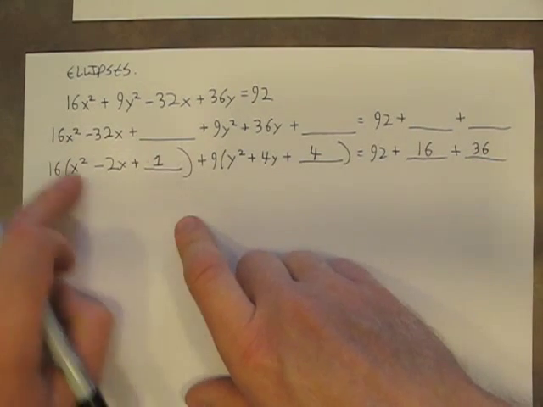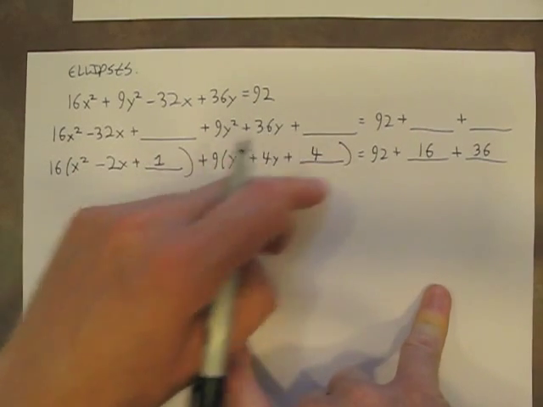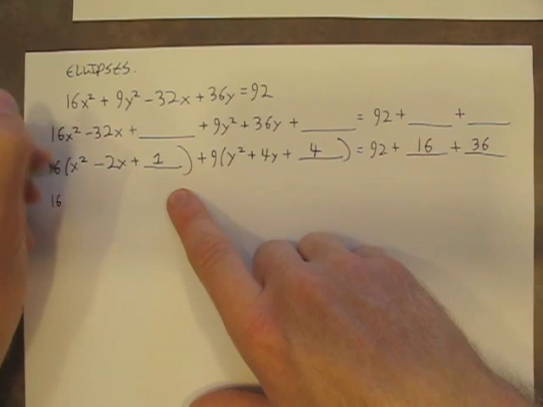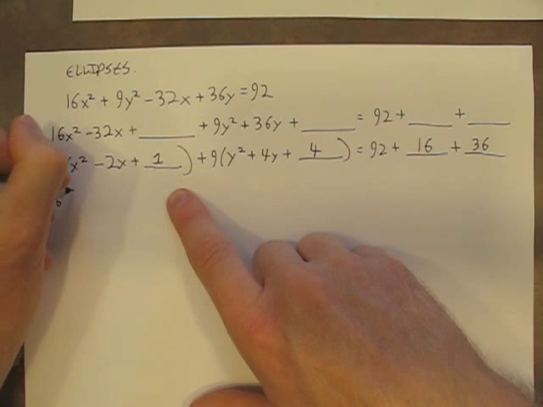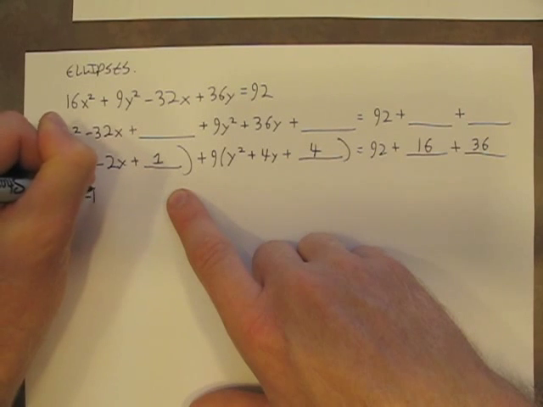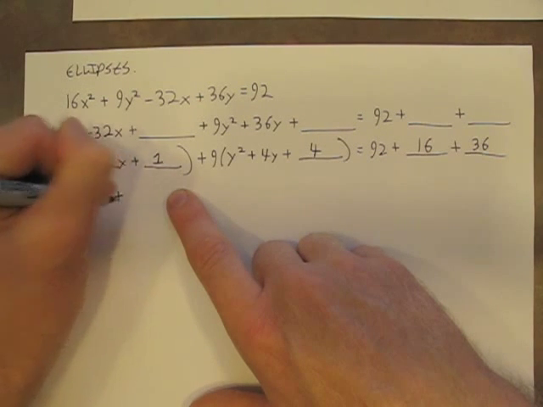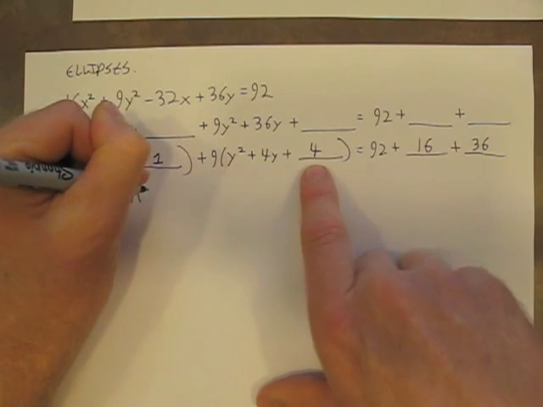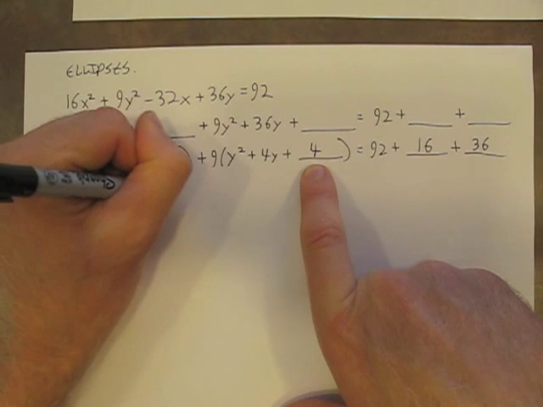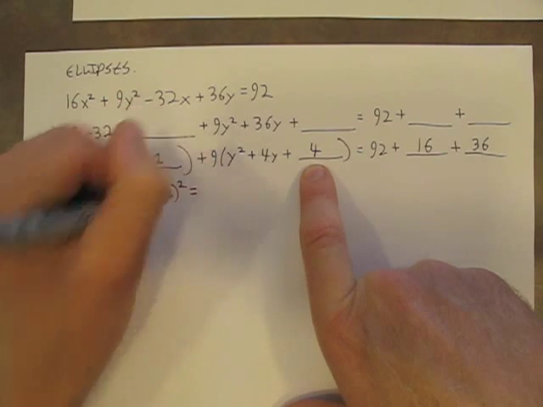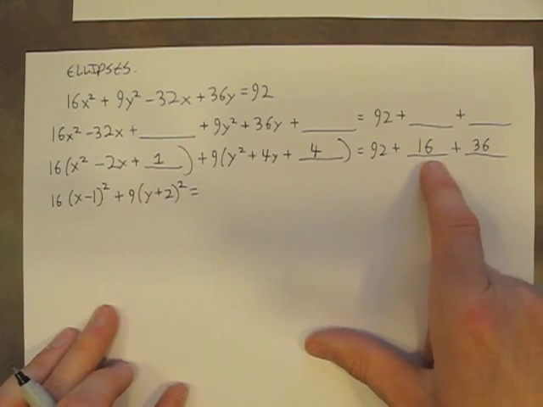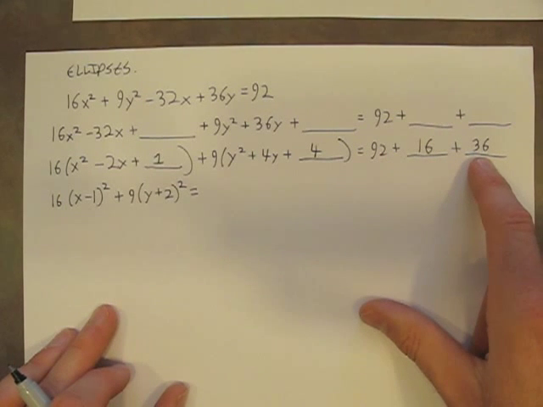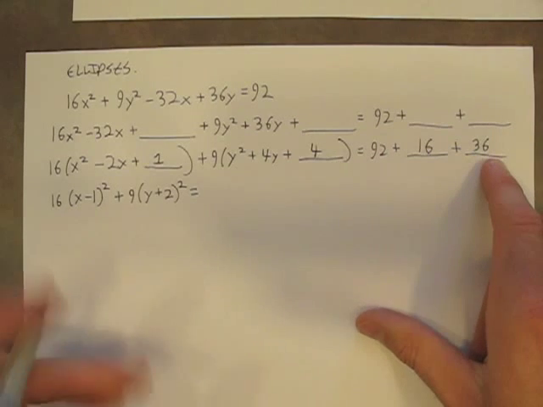Now this is a completed square, and this is a completed square. So I'm going to do 16, and that's going to be x minus 1 squared plus 9 times y plus 2 squared equals 92 plus 16 gives me 108 plus 36 gives me 144.